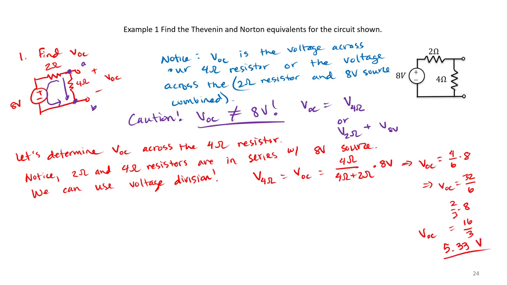That means our Thevenin voltage is 5.33 volts. That wasn't so bad. Notice you do need to be able to recognize what tool in your toolbox will help you most conveniently find VOC.